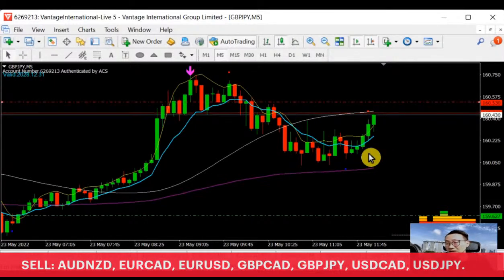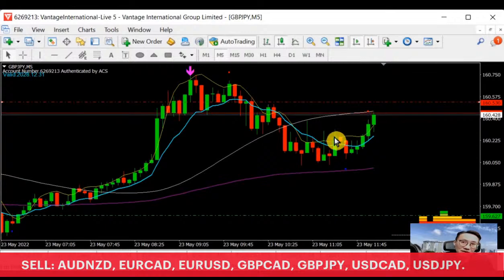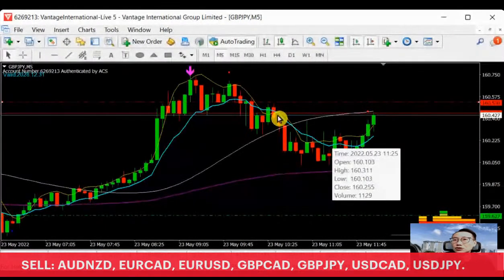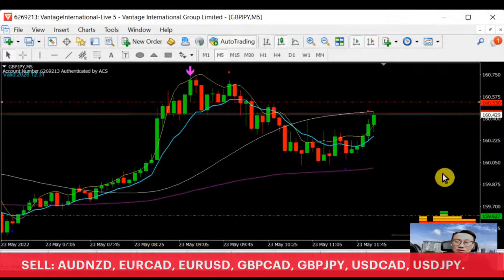Yes, the space is getting larger, wider, then you have a better chance. So it's all about managing the expectation from the market, not from yourself. That's very important. Right now it's retracing upwards.